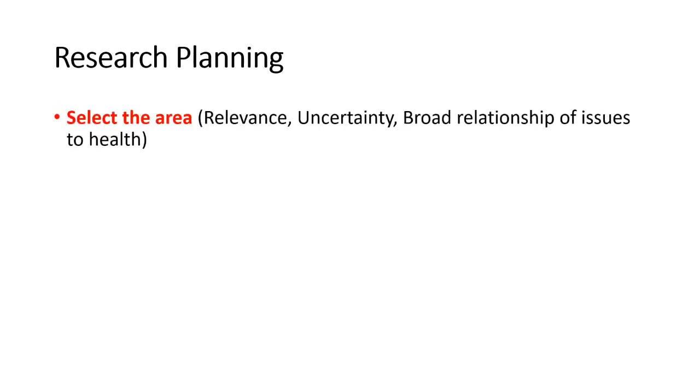So the typical four or five step process that I tell my students is that if you are planning research, then your first area of importance is the selection of the topic or the area. Why you would want to research in an area would depend upon its relevance, the uncertainty of findings, and their relative importance to health.